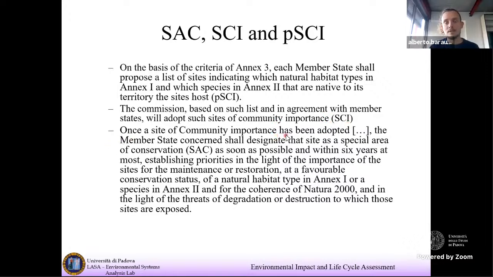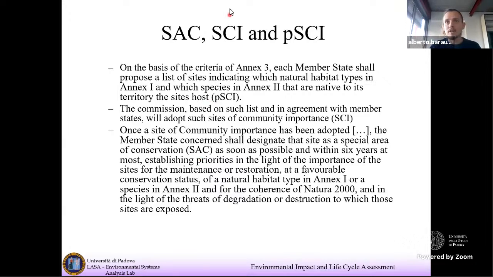And once the site has been adopted, the member states will declare that site a special area of conservation, SAC, within six years at most. If you don't, there can be infringement procedures. This involves establishing management priorities in the light of the conservation objectives and of the threats of degradation due to humans.